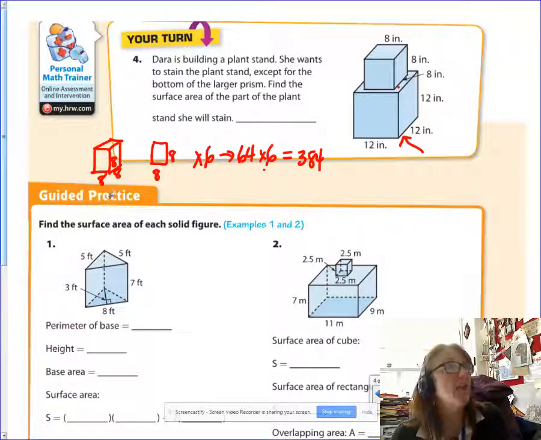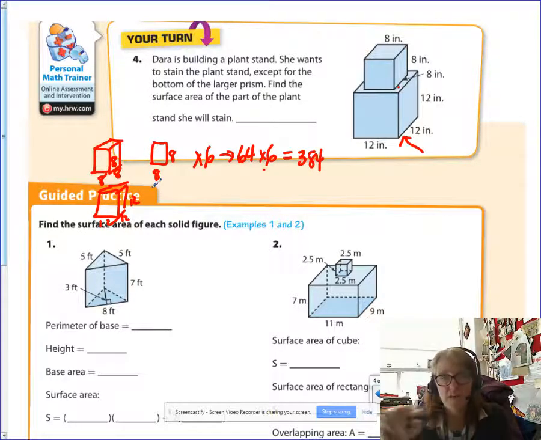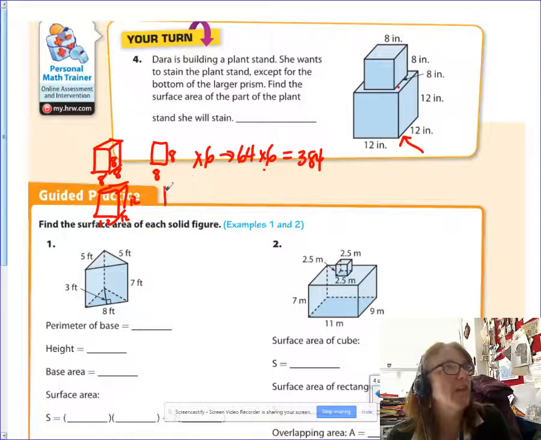Okay, then you have the big box, and that one is 12 by 12 by 12. All of those rectangles are the same. Top, bottom, front, back, left, right. So we're going to have each of these, and you've got 6 of them that are all exactly the same size.